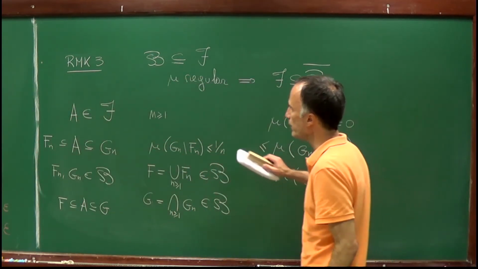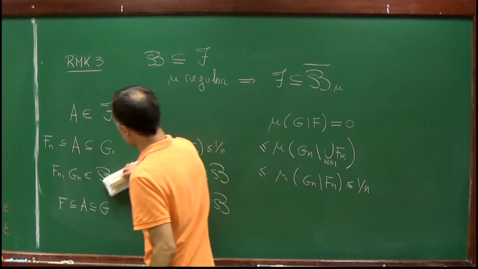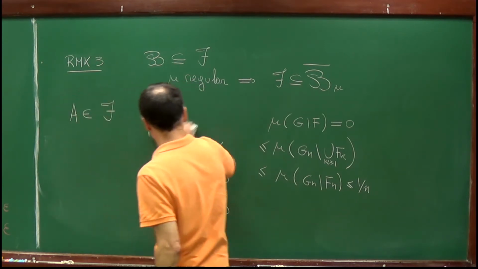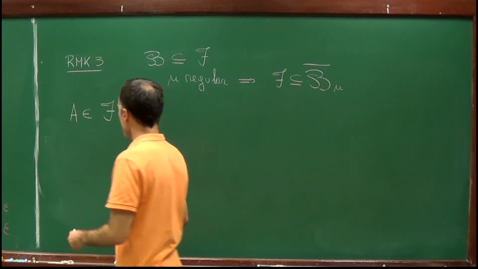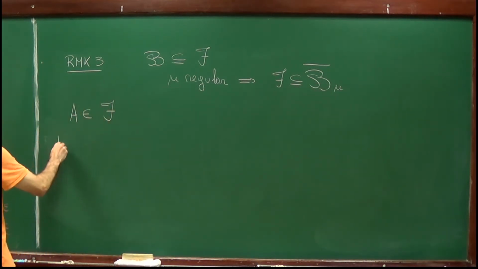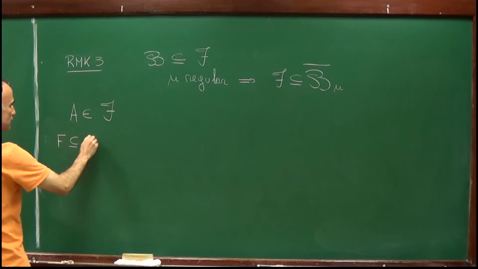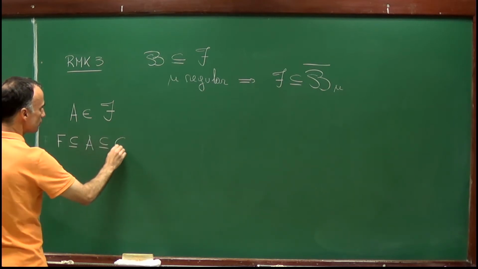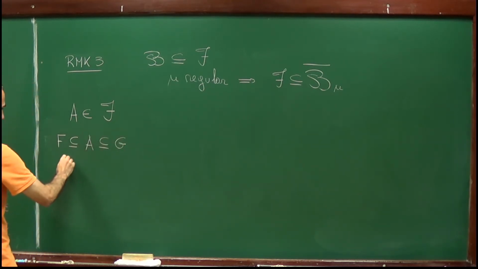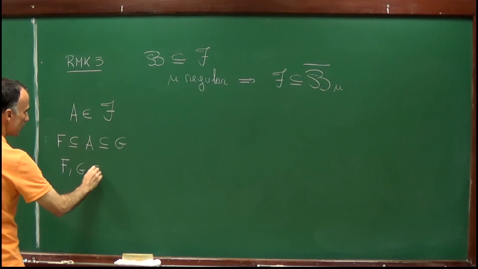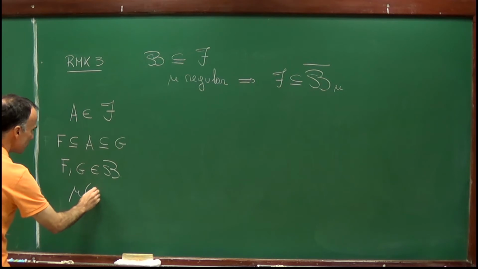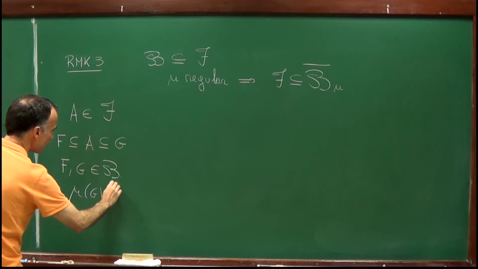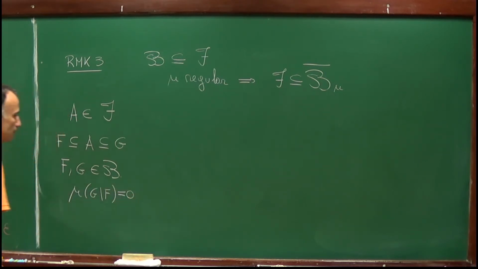So I will erase everything I just said and just keep this information. Up to this point, we obtained a set F contained in A contained in G, F and G belong to B, and the measure of G minus F is equal to 0.